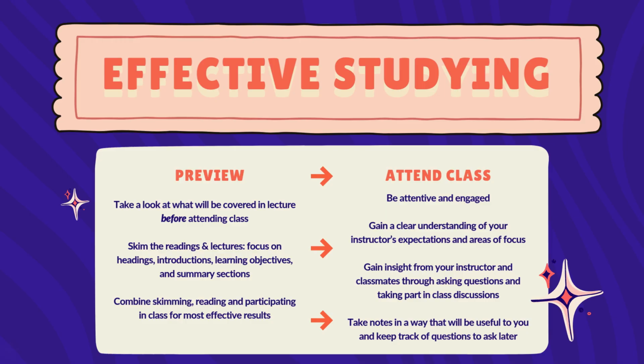Look at introductions, learning objectives, and summary sections. Combine the skimming, reading, and your participation in class for most effective results. Sometimes the reading just by itself may not be good enough, but if you can combine these strategies together, you can come out with the best outcome.